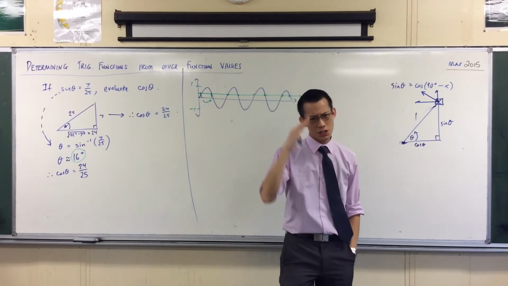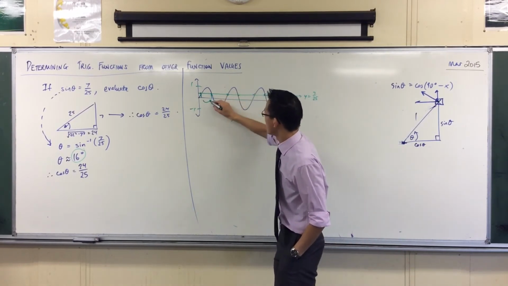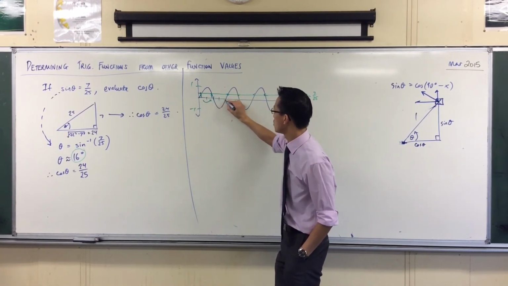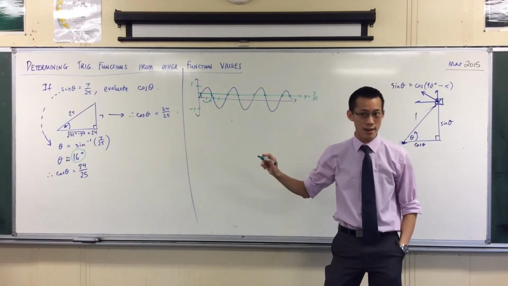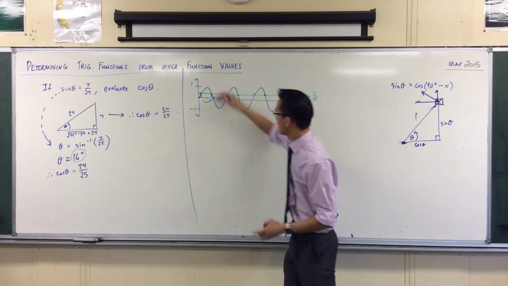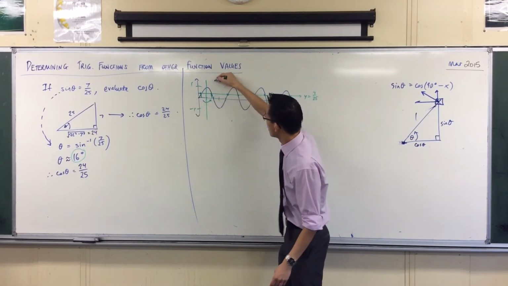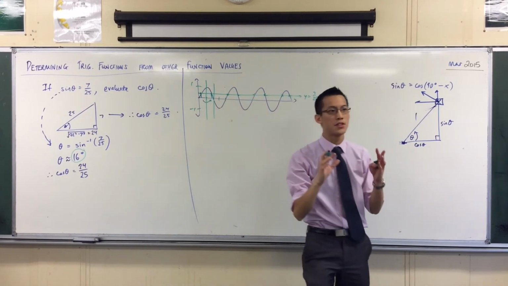Now, let's just think in terms of domain first. This is 0, 90, 180, 270, 360. Start to familiarize yourself with the features of this and where they exist. So here's 0 to 90, and in there is our acute solution. So where is this second solution in terms of domain?